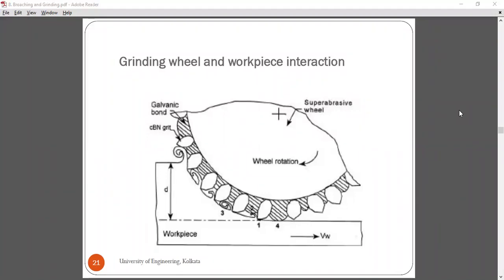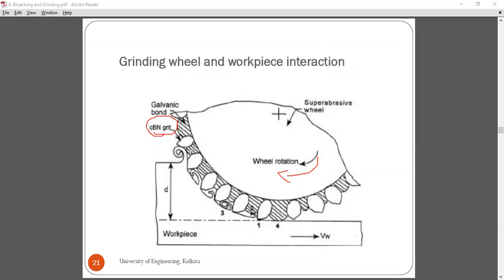Now, if we look into this grinding wheel, this is our center of rotation, or axis of rotation, and the direction of rotation of the wheel is shown. This is the workpiece that comes in contact with the grits. As you can see here, there is some amount of chip formation that takes place, and the grit here is a cubic boron nitride grit.